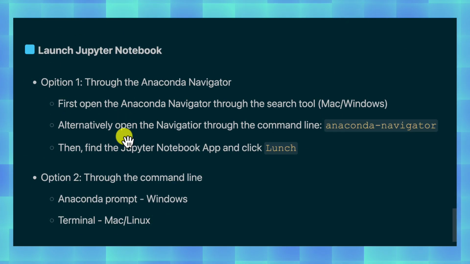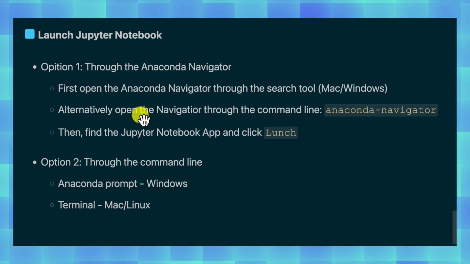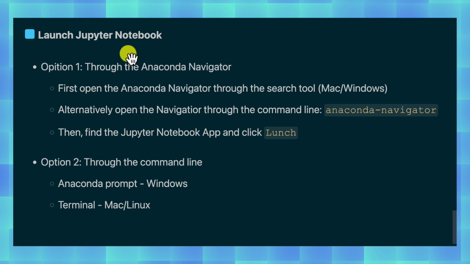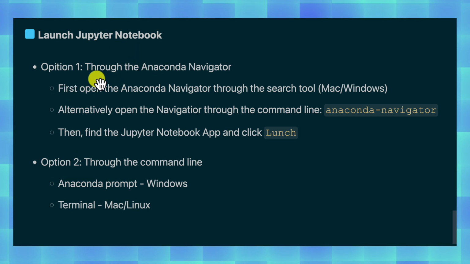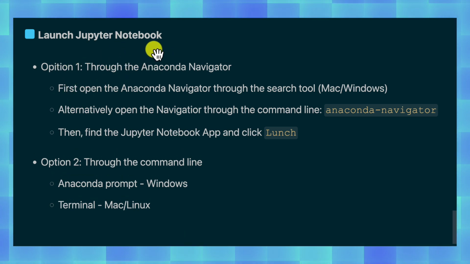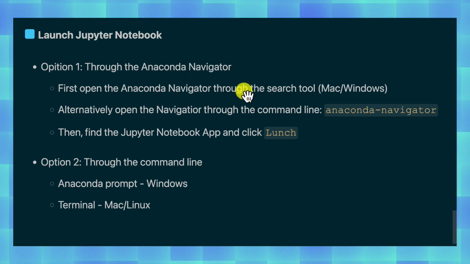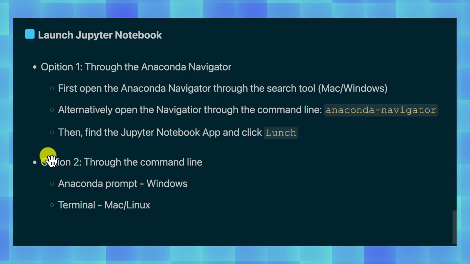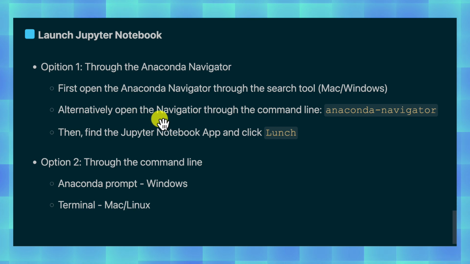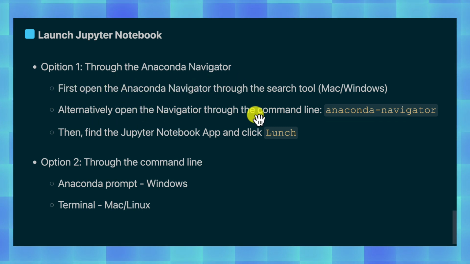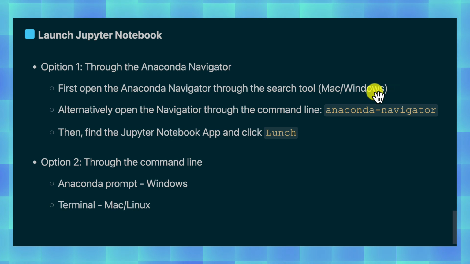And at this point we want to take a look at how you launch a Jupyter Notebook. The first option is to launch it through the Anaconda Navigator, and you can first open the Anaconda Navigator through the search tool in Mac or Windows.